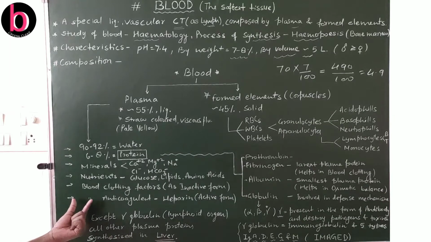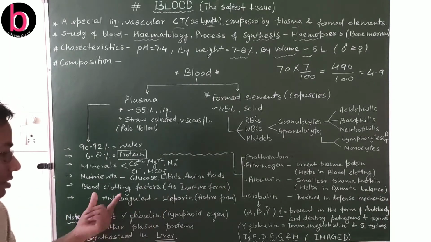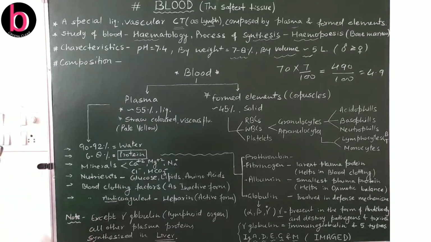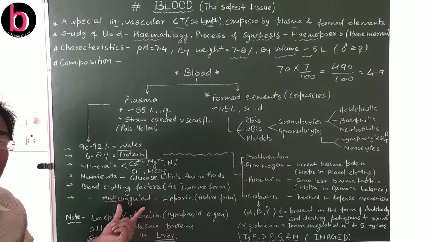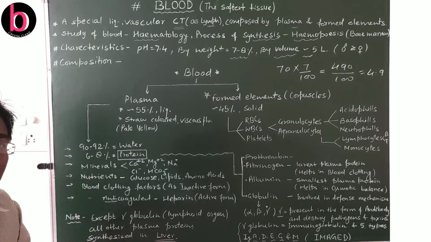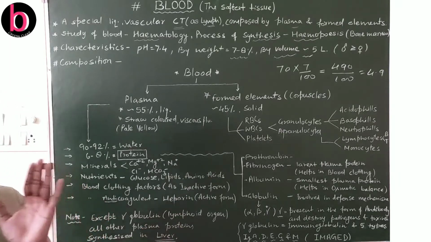Next, there is also the presence of blood anticoagulant factors. Anticoagulant, as the name suggests, is against the process of coagulation. Coagulation is blood clotting, simply the conversion of liquid blood into a gel or jelly-like substance. So this is anticoagulant, and here this is heparin.